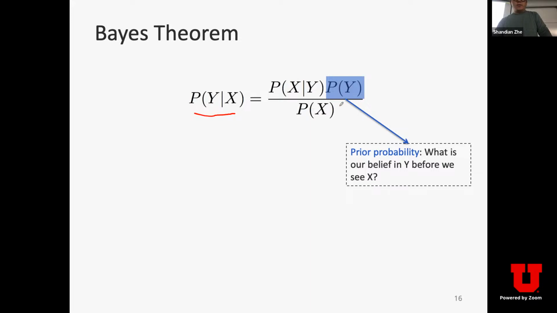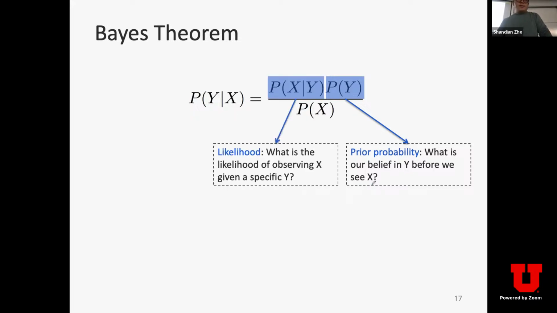One term is the marginal probability of y, which we often call the prior probability. That is, what is our belief in y before we see any data x.